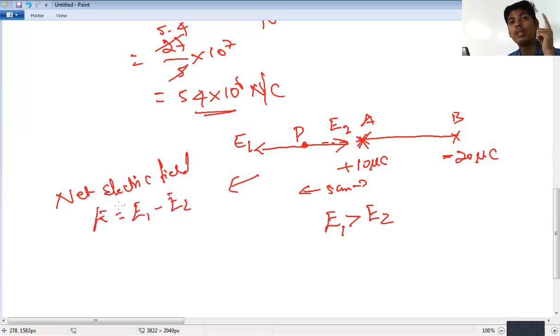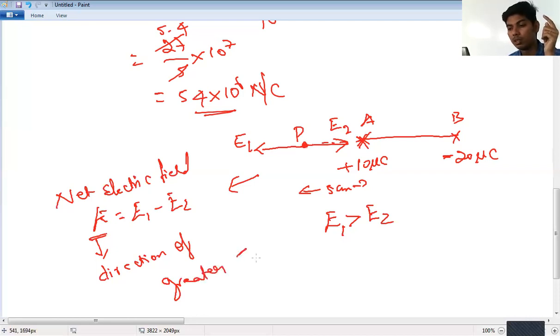You can calculate. What will be the direction of this net electric field? The net electric field will always be in the direction of the greater electric field. Which is the greater electric field among E1 and E2? E1 is greater, so the net electric field will be in the direction of E1.